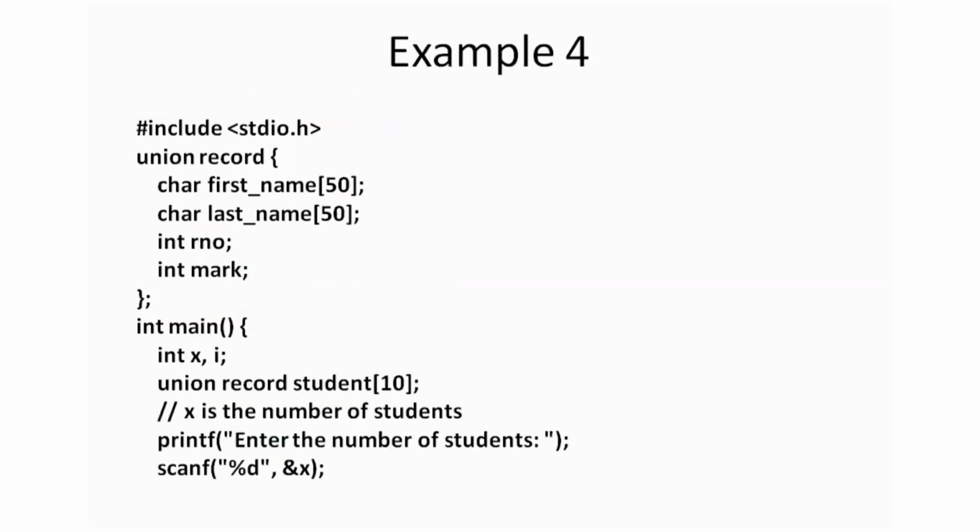Now, another example. The same program is modified to give you more understanding about the union concept. First name, last name, roll number and mark are given in the union record. The same thing, student union record, student[10], is declared and the number of students is entered.